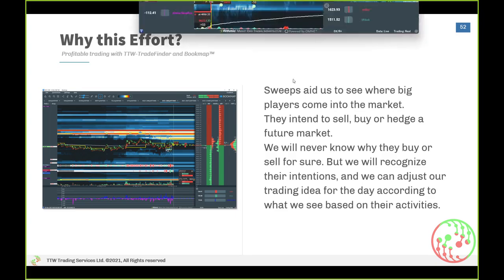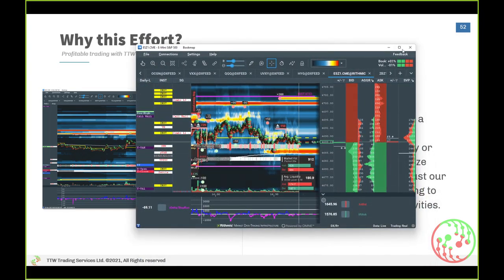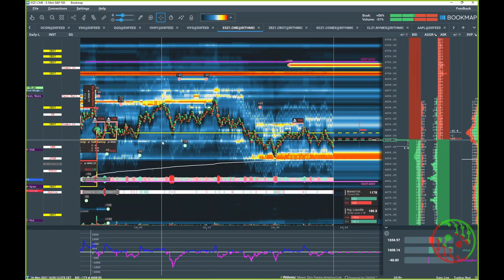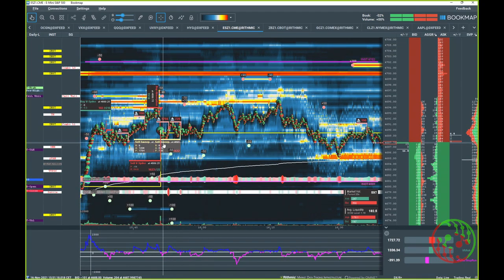That's the effort. It's not the effort to say you have to go against. We are testing that, by the way, as I mentioned. You should go against or with them. But this information here is so invaluable, so important to every one of us as active traders.